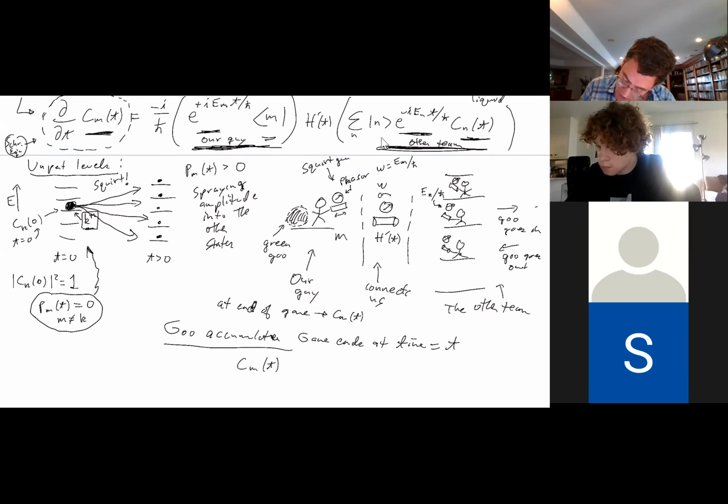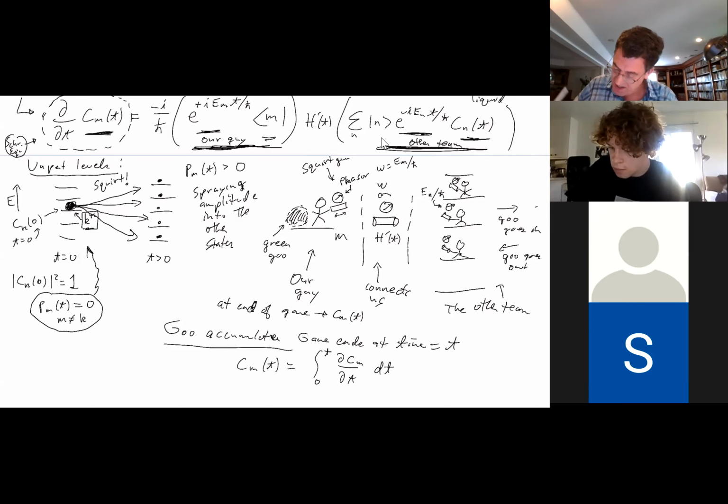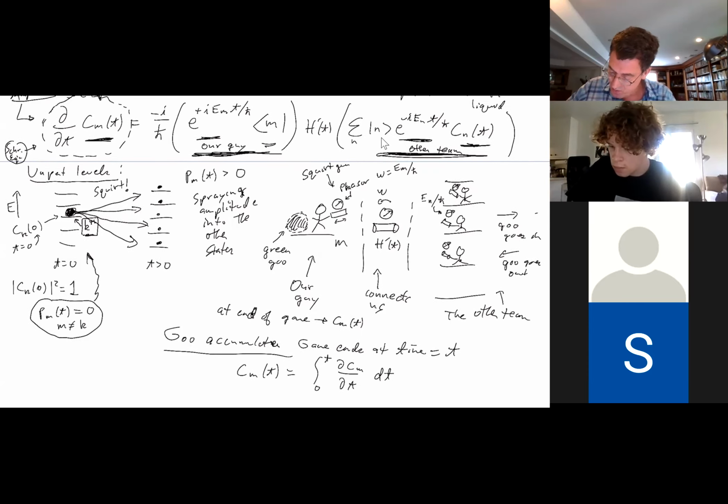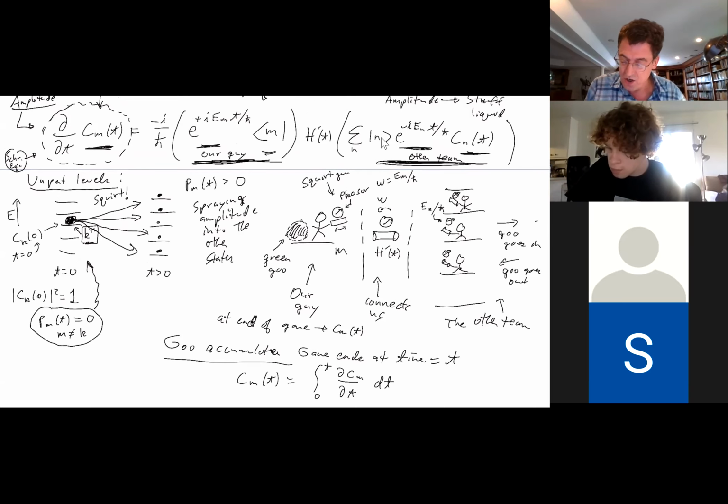Cm of t is equal to the integral from 0 to t of dCm/dt. That's how much he gets. So basically, we have to integrate this equation up on top. That equation is just telling us how much goo is spraying between all the different levels. And so we just have to integrate how much our guy wins at the end.